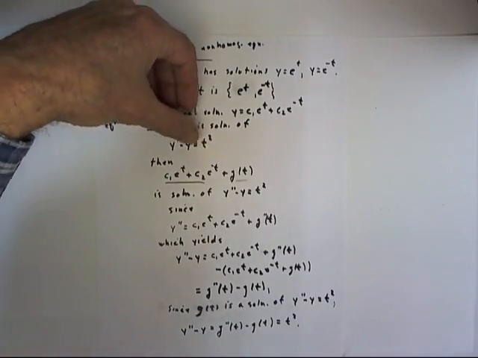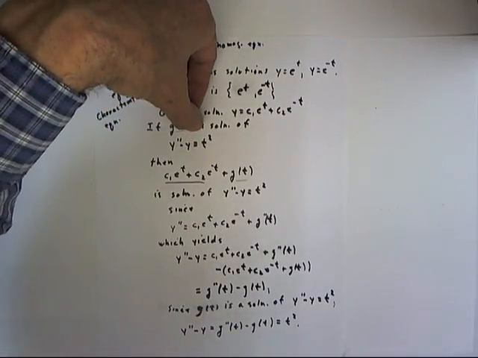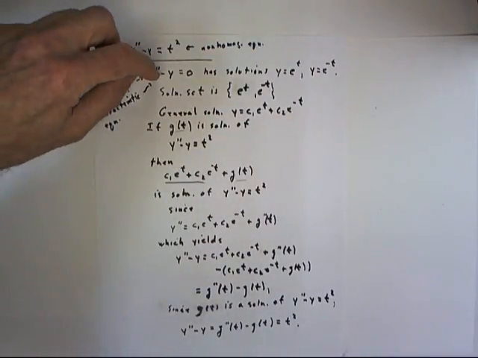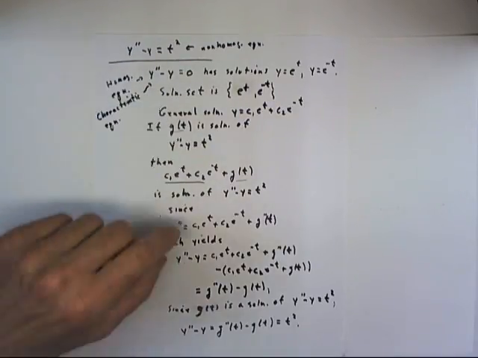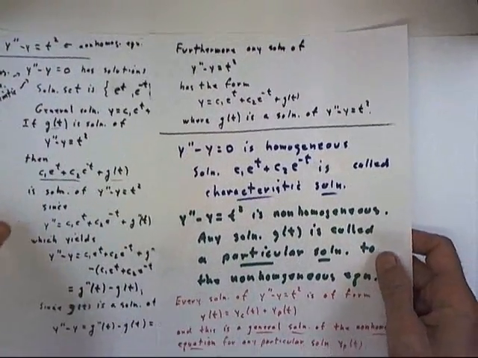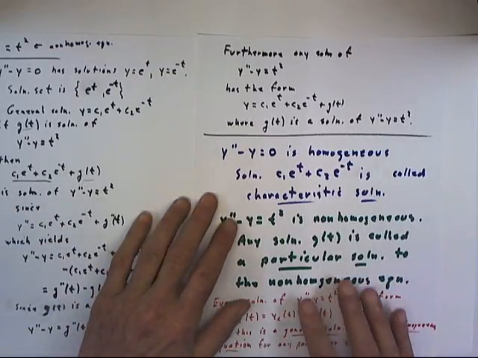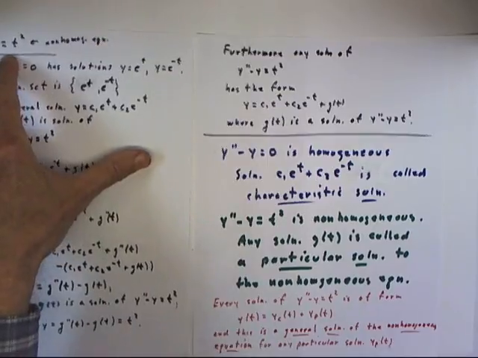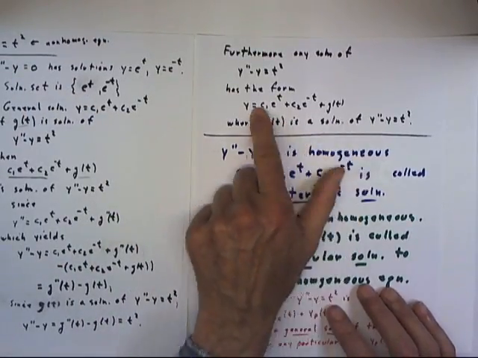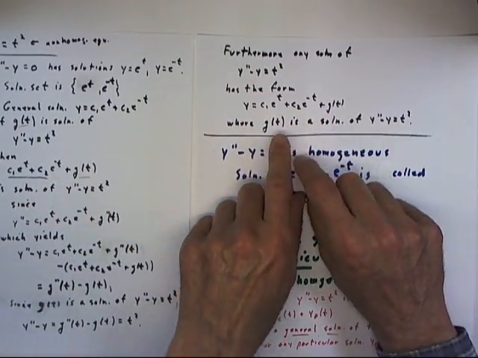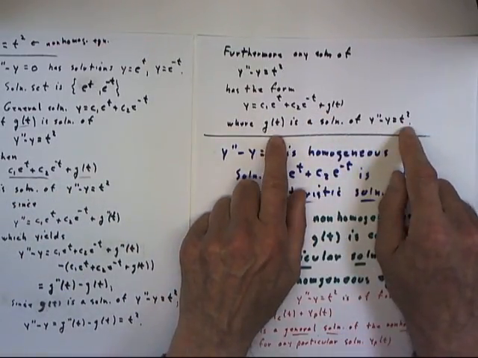Again, then, if g of t is a solution to this equation, adding the solution to the characteristic equation, the solution to this homogeneous equation, still gives us a solution. Now we can say more. We can say that any solution of this original equation has to be of this form, where g of t is a solution of this equation.